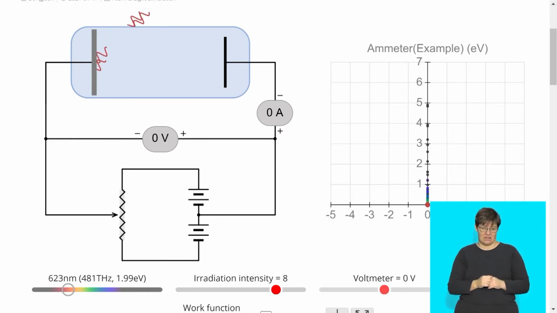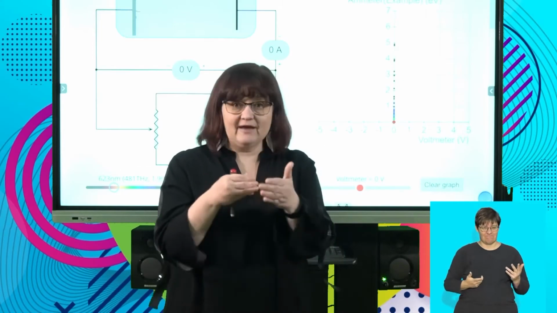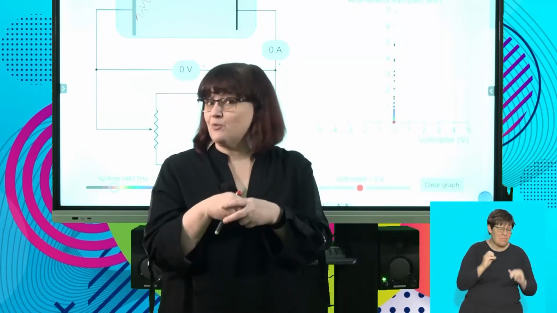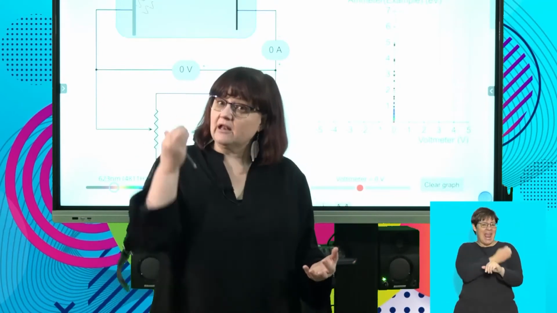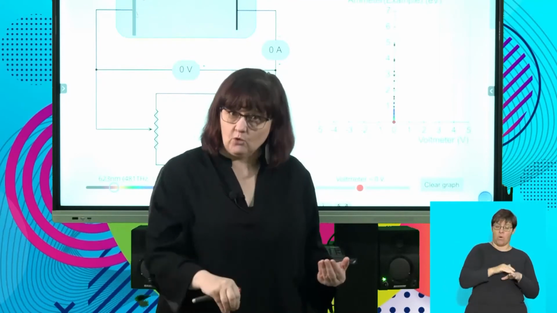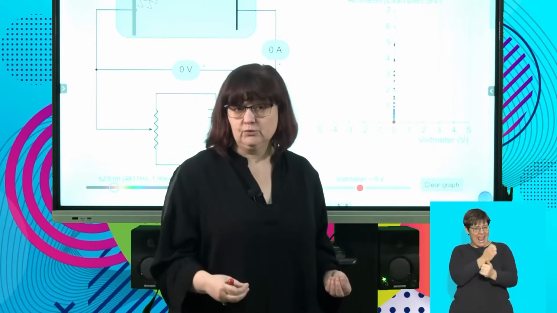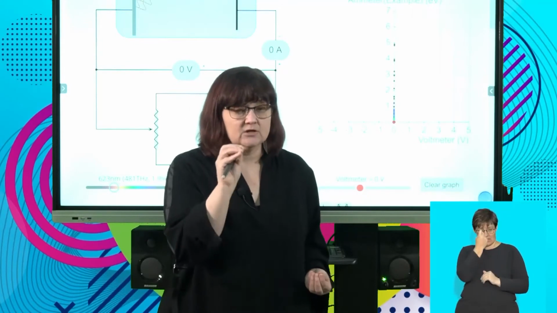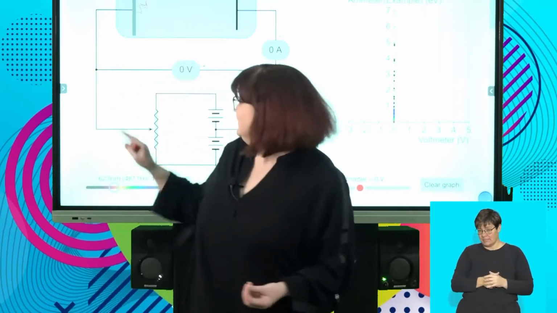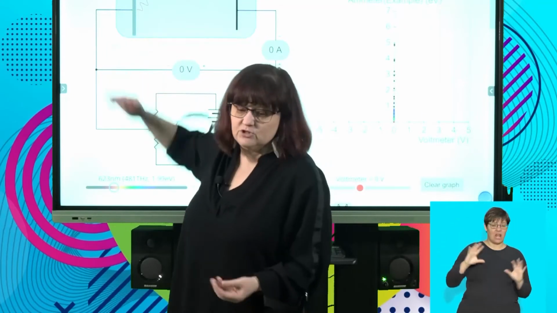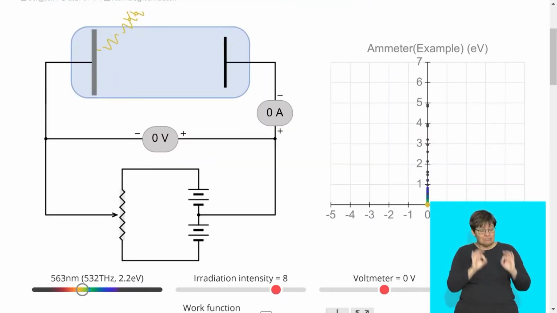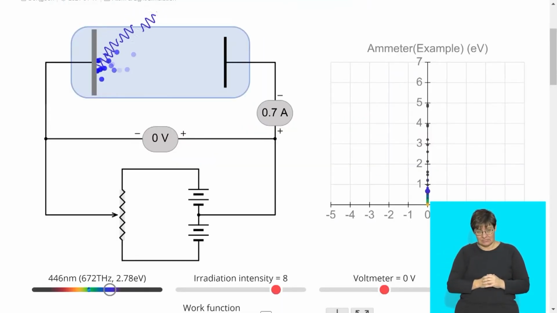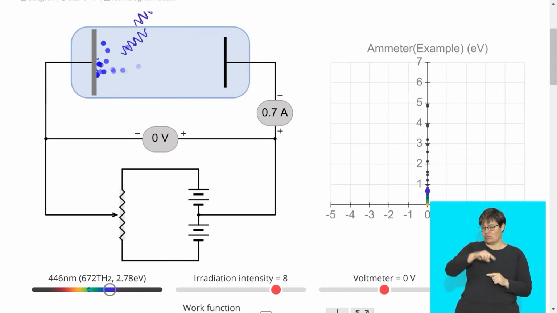If the photons don't have that threshold frequency, that minimum energy, we can make it as bright as we like and nothing's going to happen. So the intensity of the light will not make the electrons come off unless they were going to. That's very important to get because they're going to try to trick you with that. The intensity has got nothing to do with starting them to come off. It's all about getting to that threshold frequency.